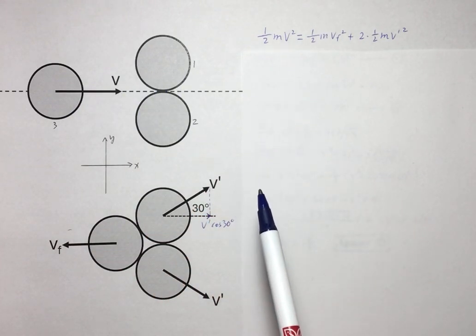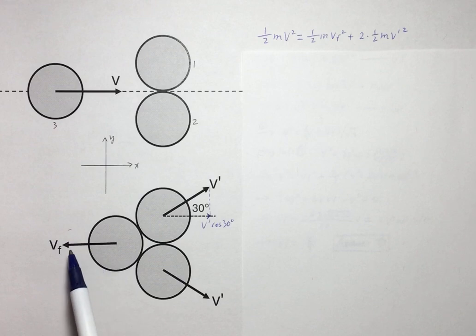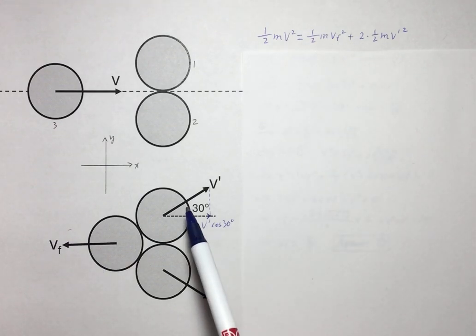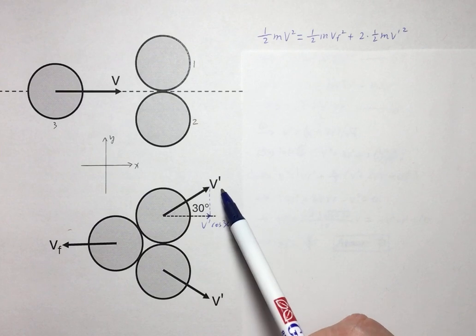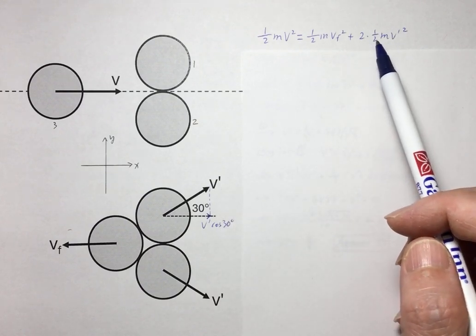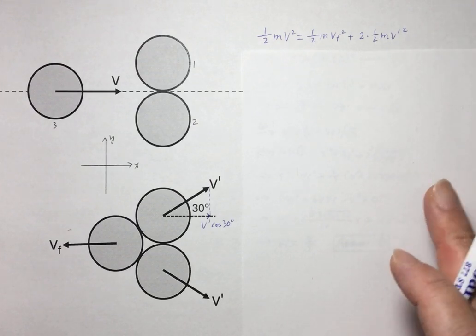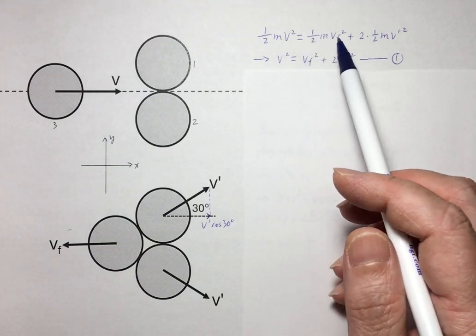After the collision, the kinetic energy of the third disk is half m vf squared, and then we have two disks, which both have v prime speed, so we have two times half m v prime squared. We can simplify this to equation 1.